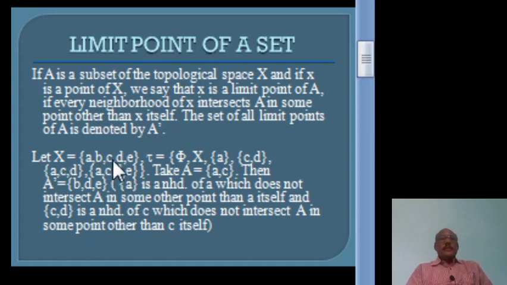For example, consider this topological space. X is equal to ABCDE, and this tau is a topology on X. Here we consider A is equal to AC. Now, what are the limit points of A?